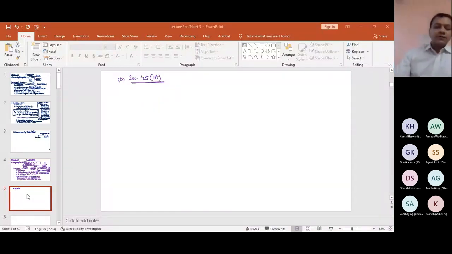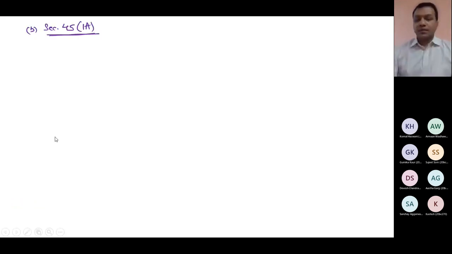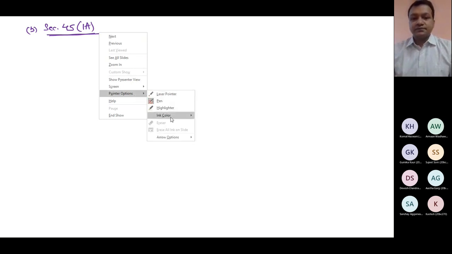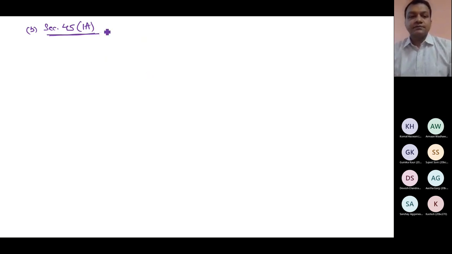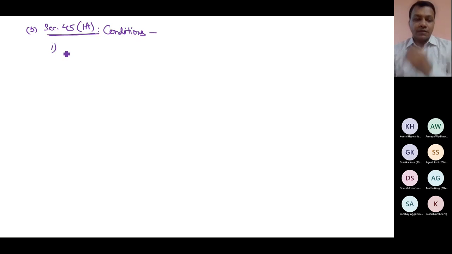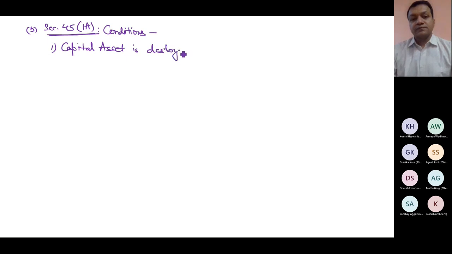Special. Other than 45(1) subsection, all are special. 45(1A) again has conditions. Capital asset: here also, a capital asset is destroyed during the previous year.